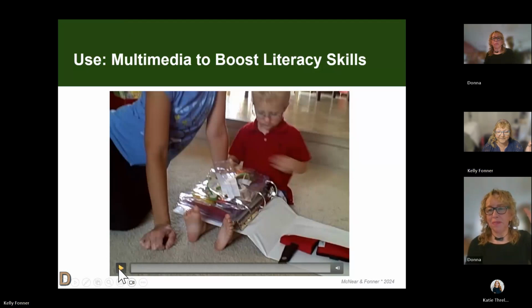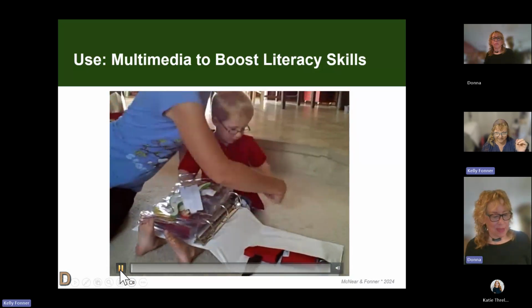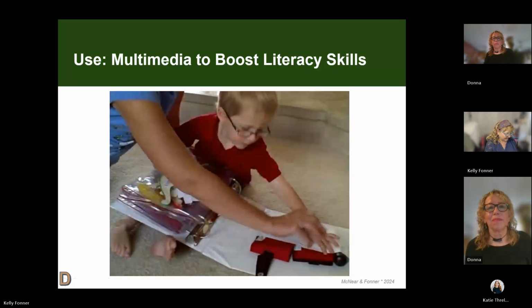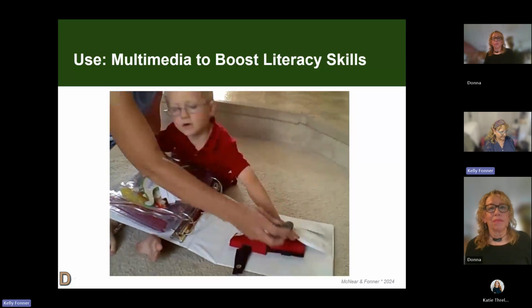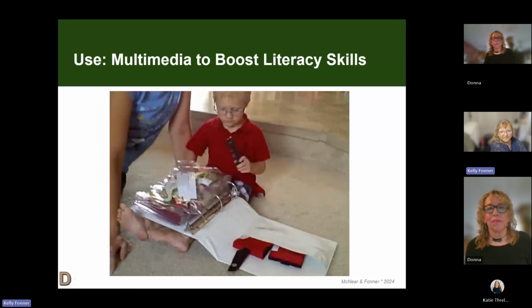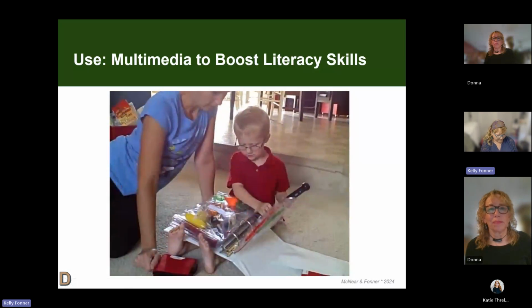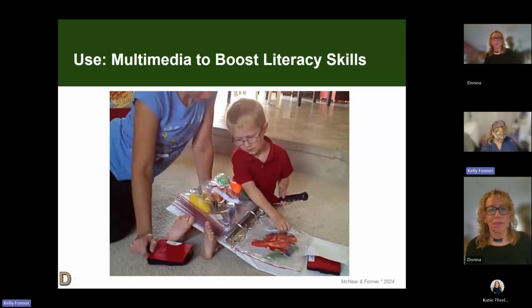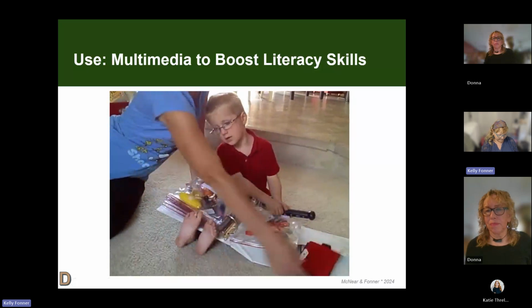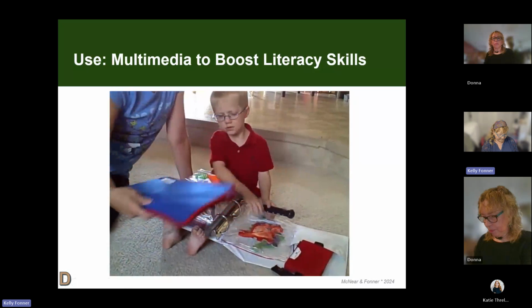Remember, it's over here. It's actually in there. Yep, it's right there. Hello. And then we need to pick a story. What do you want to read about? Do you want to read dinosaurs? If you want to read dinosaurs, we need the big book. Are we going to read dinosaurs?